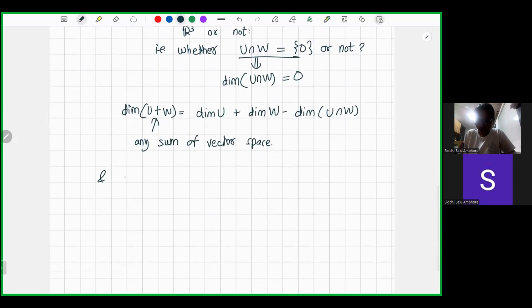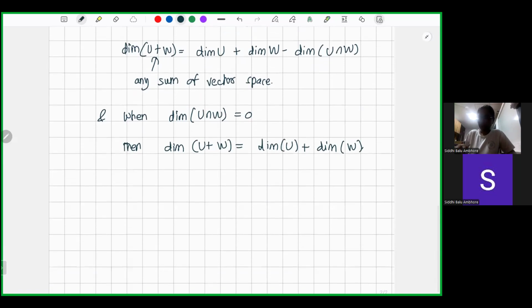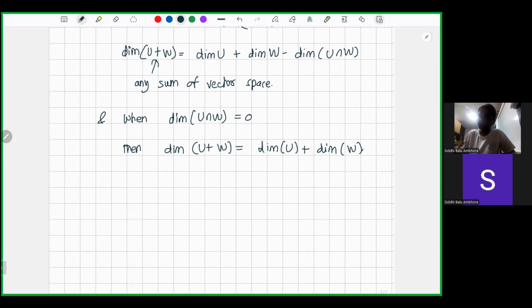And when dimension of U intersection W is 0, then dimension of U plus W becomes dimension of U plus dimension of W. And in this case, we say that U plus W forms a direct sum.